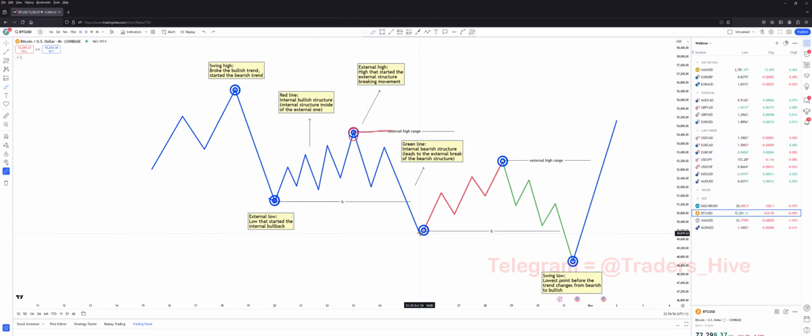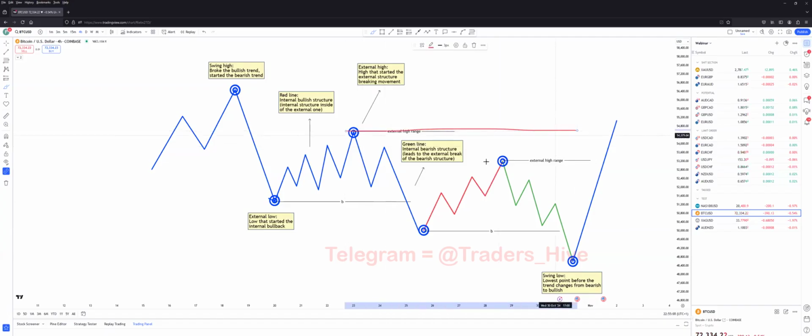And once again, if price creates a pullback here at this region, for example, it will be the new external low point. So there will be a new external low point given, and this will be the new external high point. Everything that happens in between the highs and the lows range will be the internal. Once again, internal means inside of the externals' range, inside of the original range's structure.